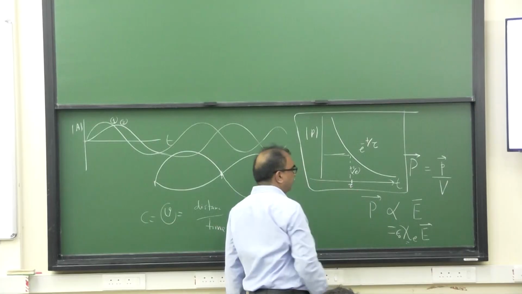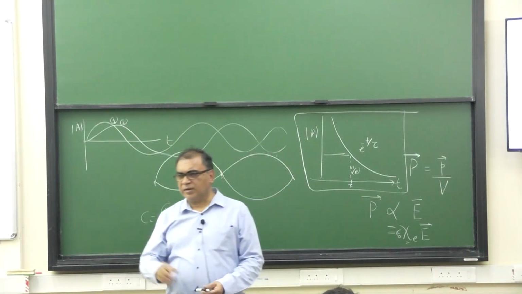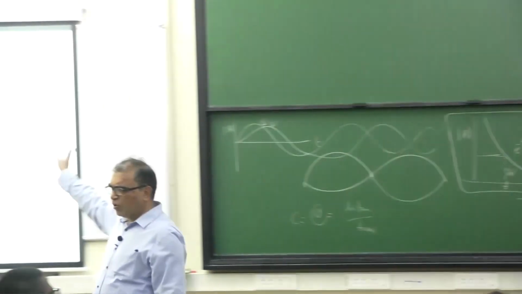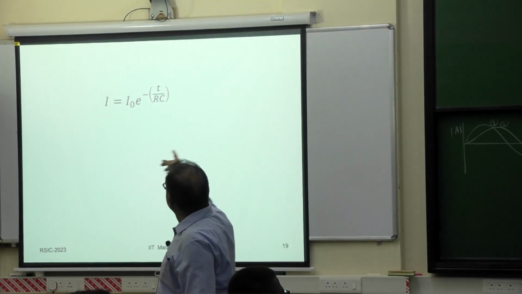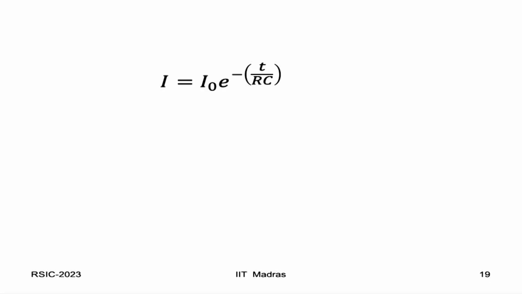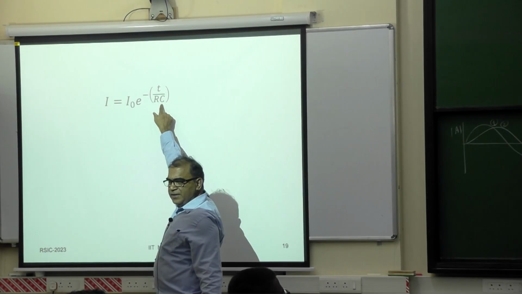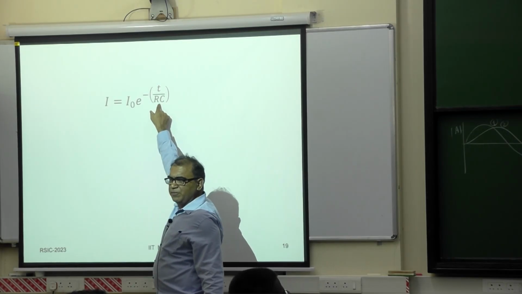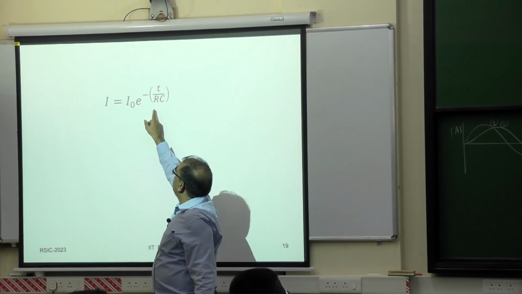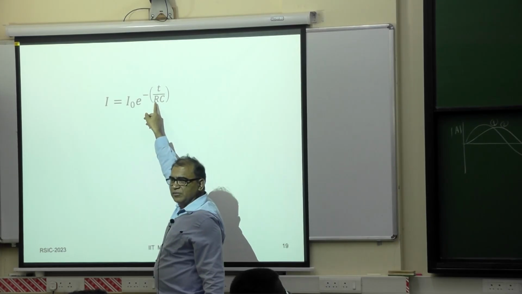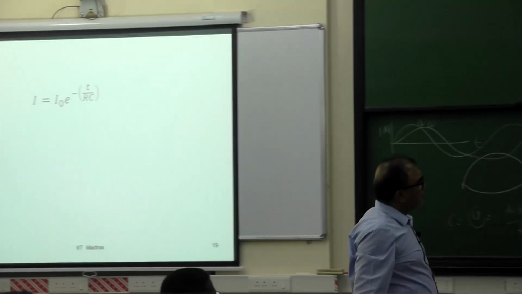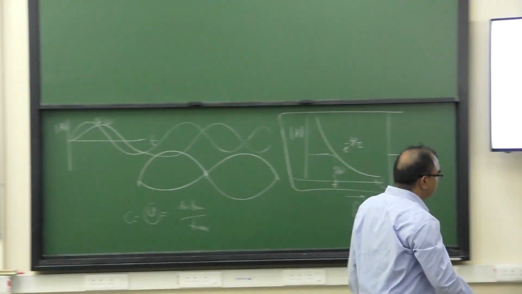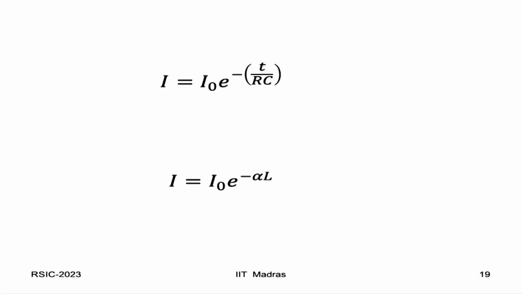It's not very extraordinary mathematics. So I thought maybe at least you know this, e to the power minus t by RC. R is the resistance, C is the capacitance, and RC is the time constant. Therefore, this argument has no dimensions, and RC has dimensions of time. So this is a well known formula for charge and discharge of capacitors. So I wanted to tell you this.